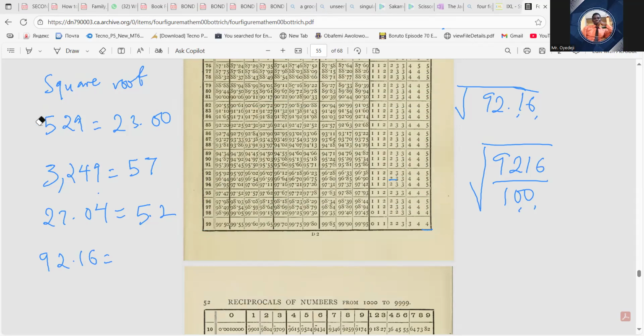So 92, here it is. 92 on the 1. Remember, I started from 0, so this is 1. Difference of 6. 1, 2, 3, 4, 5, 6.